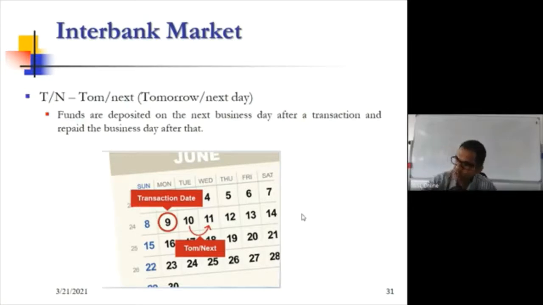Then you see you have a deficit on 10th, tomorrow, not today. You have enough funds today, but you are short tomorrow. If you expect that many banks will be short tomorrow and the interest rates are going up, it would be better to enter into the transaction today and lock the rate today.